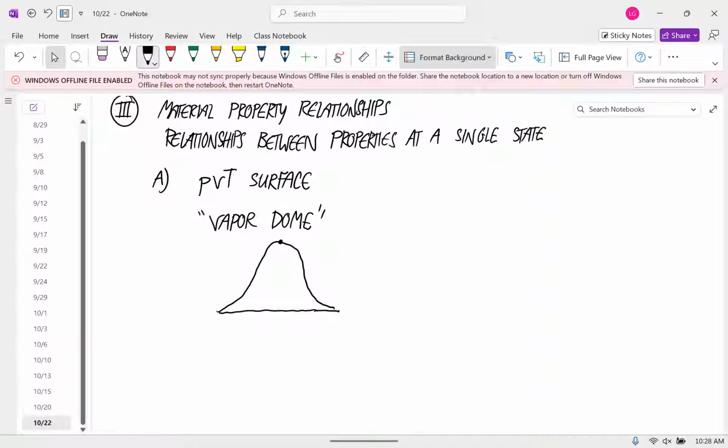And the interpretation is the top is the critical point. The bottom is the triple line. That's where all three phases exist in equilibrium.